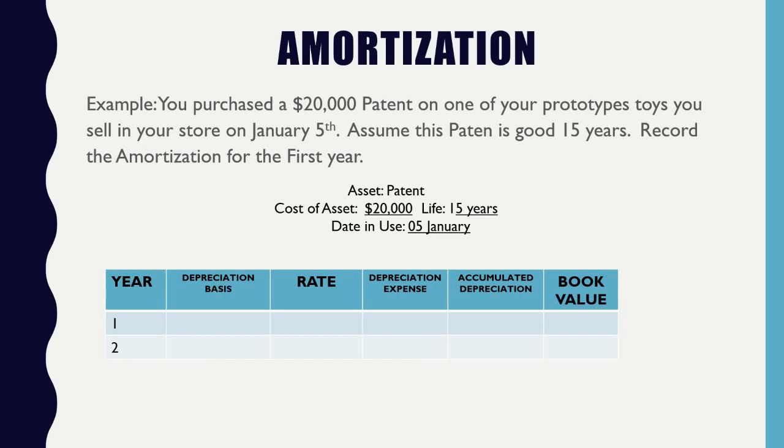Again, we have a patent worth $20,000 with a lifespan of 15 years. We know that the date we buy it is the date we place it into use. When you buy a patent, it starts the day you buy it. So in this case, I placed it into service on January 5th. So how am I going to amortize this patent?